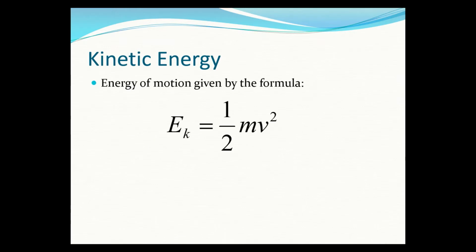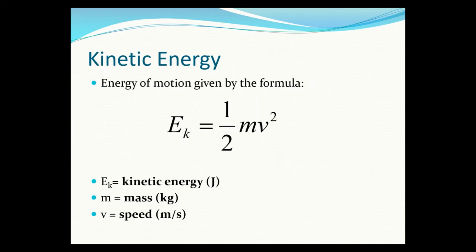Kinetic energy you're familiar with. It's got the formula EK equals 1/2 mv squared, right? You did this in Science 10, where EK is your kinetic energy, m is your mass in kilograms, and v is your speed in meters per second.